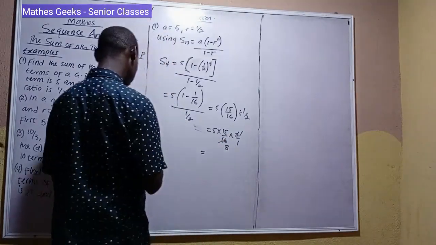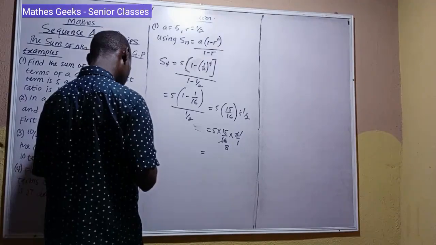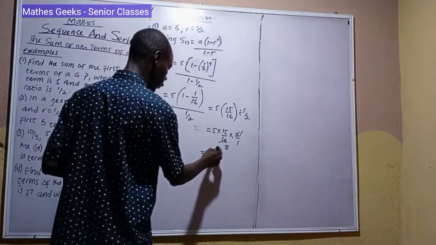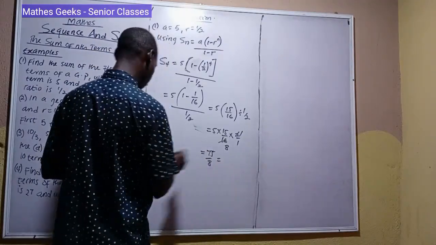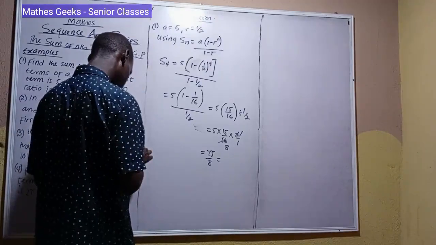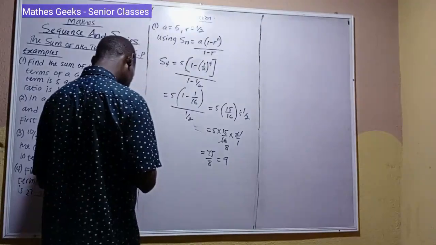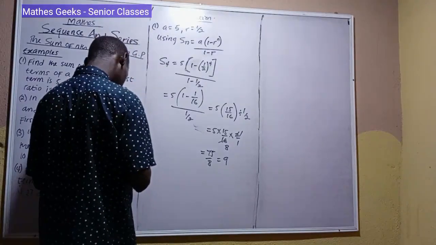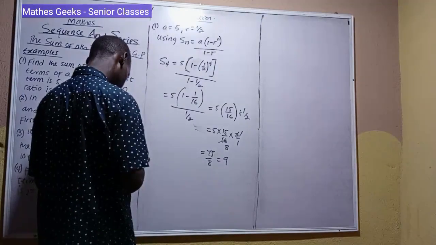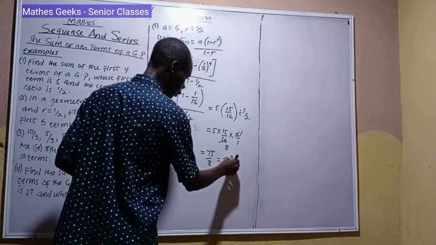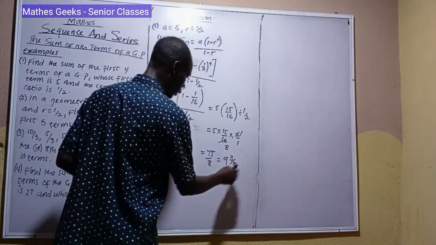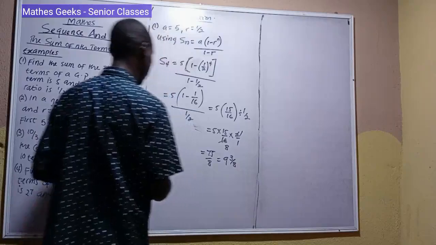So 5 times 15 is 75 divided by 8, which is 9 whole number and 3 over 8. That's the sum.